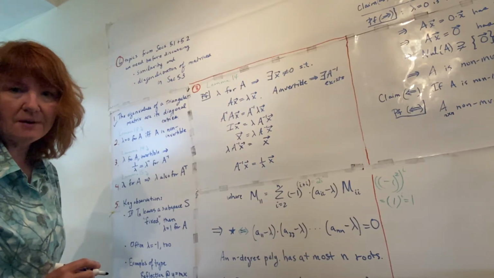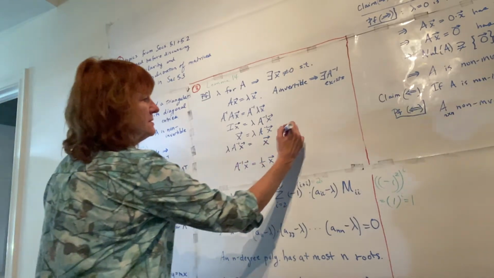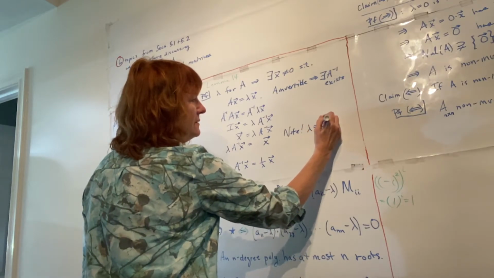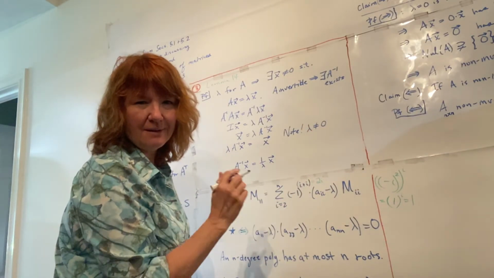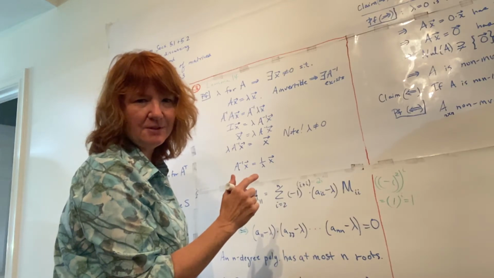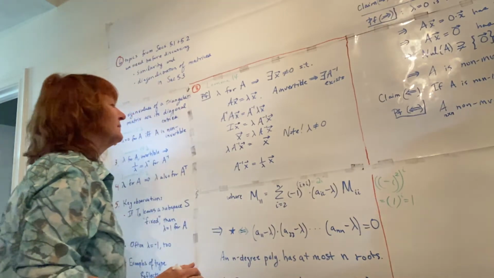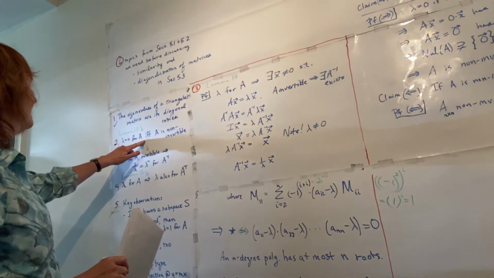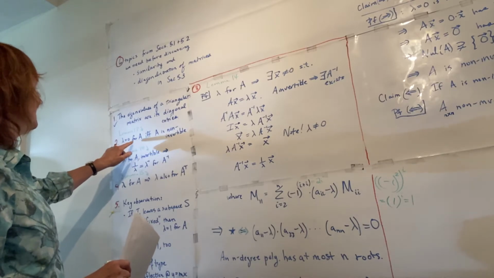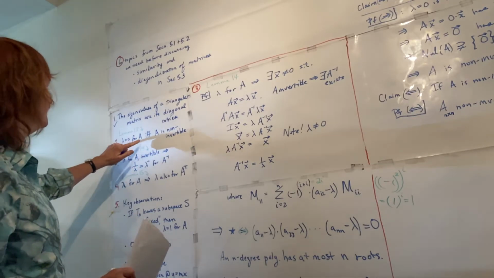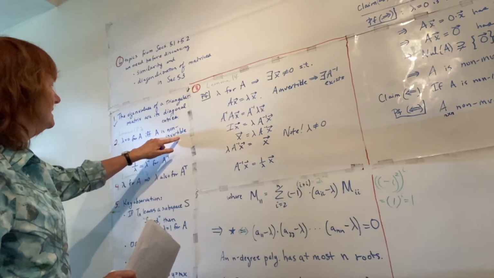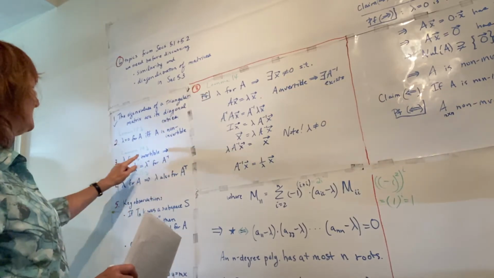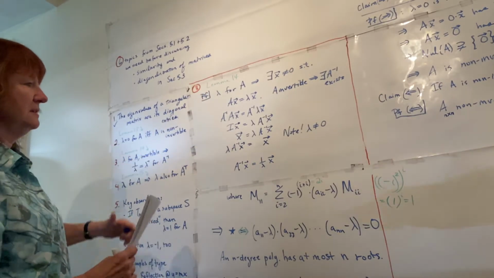But is lambda non-zero? Well, of course. So note, lambda cannot be equal to 0. Why? Can you stop the video and answer that question yourself? That would be a good idea. Lambda cannot be equal to 0 because of lemma 13, right? Lemma 13 said lambda is equal to 0 if and only if A is non-invertible. But here, in this lemma 14, we start by saying A is invertible.